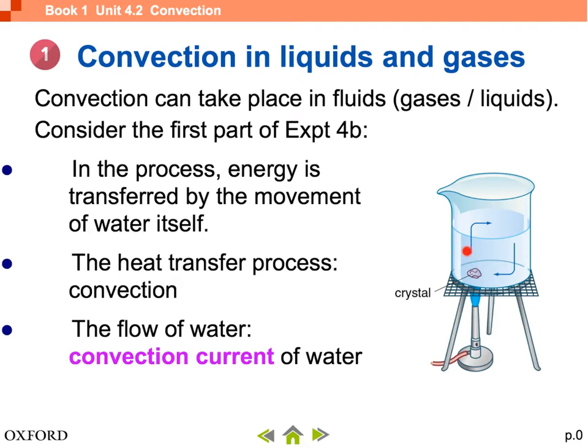As the water is moving in a cycle here, not just the water but also the heat energy will be carried along this cycle. So this whole process we classify as convection, and this water flow we call a convection current of water.